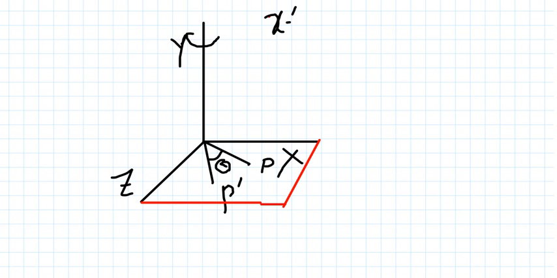So x dash equals x cos theta minus z sin theta.